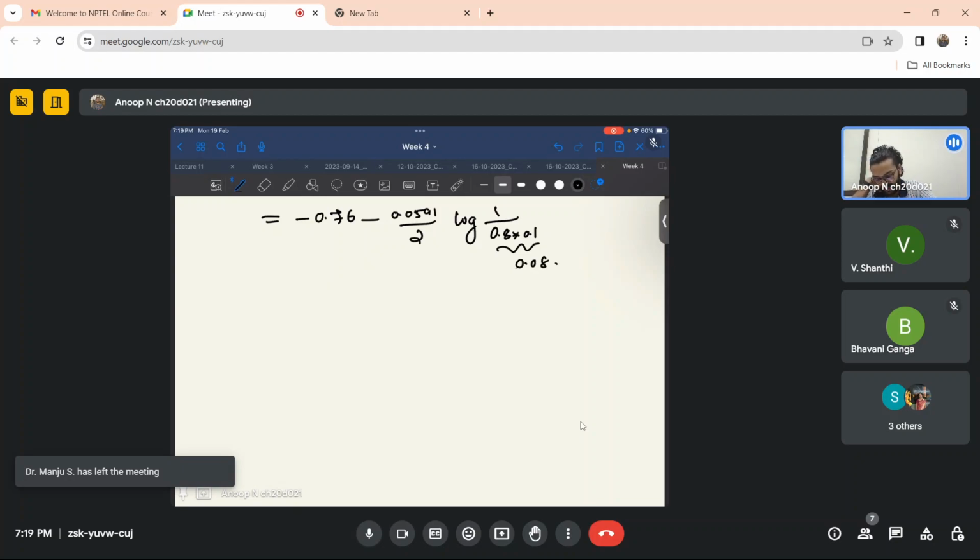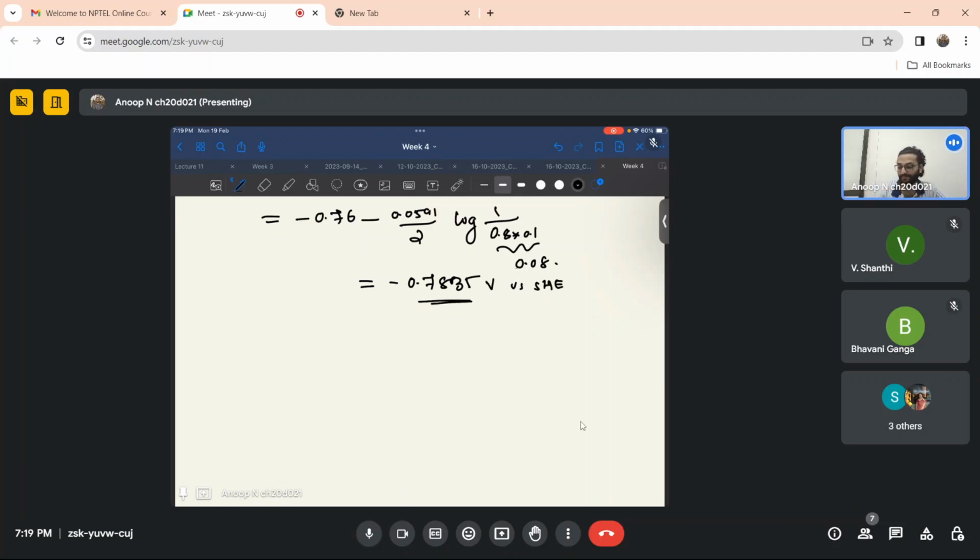So when you solve, the answer will be minus 0.7835 volt. This is versus SHE. Is it clear?